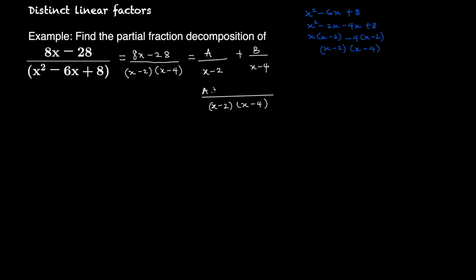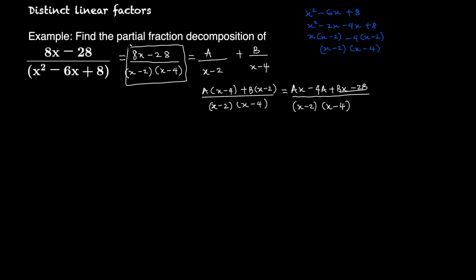So we have a into x minus 4 plus b into x minus 2. This can further be expanded as ax minus 4a plus bx minus 2b over x minus 2, x minus 4.